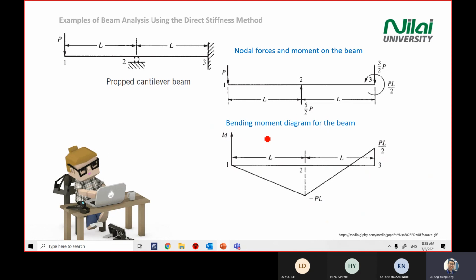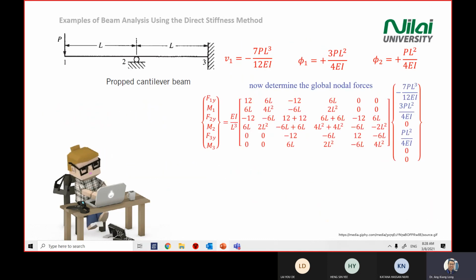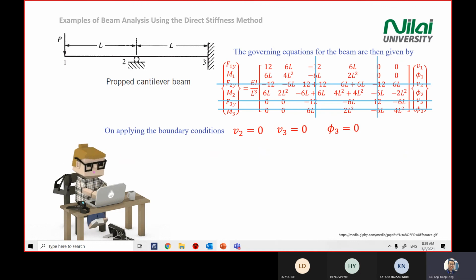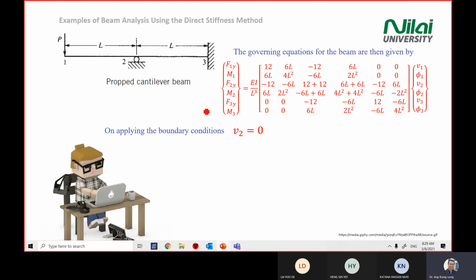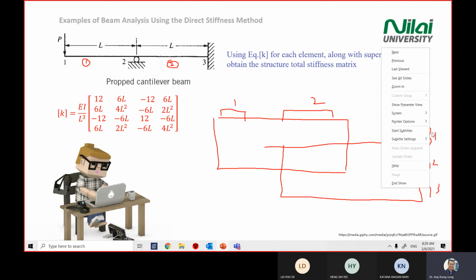Right? So just to let you see the whole picture when it comes to your final exam, what we expect you to understand is that you need to know how to build the stiffness matrix. Normally when it comes to final exam, the first section, maybe section A, is to build the stiffness matrix.